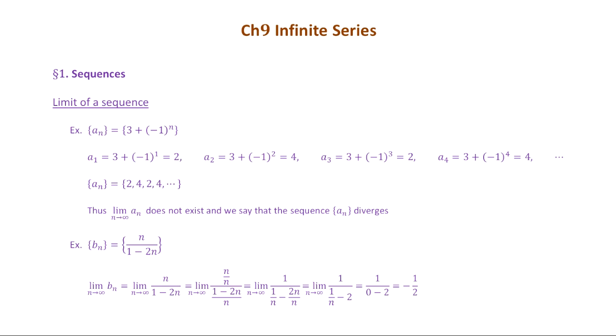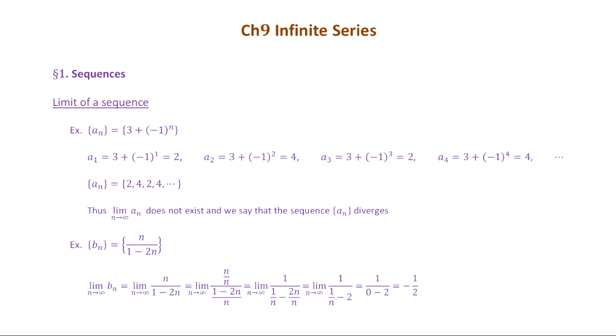This time, we just go back to the previous examples we did when we started. The first example is the limit of a_n, which is 3 plus (-1)^n, as we already did before. We know this sequence goes like 2, 4, 2, 4, right? If you plug in numbers for n from 1, 2, 3, 4, and so on, you get the sequence 2, 4, 2, 4.